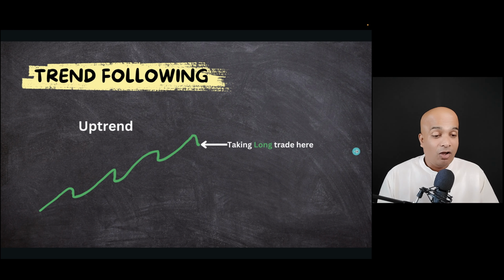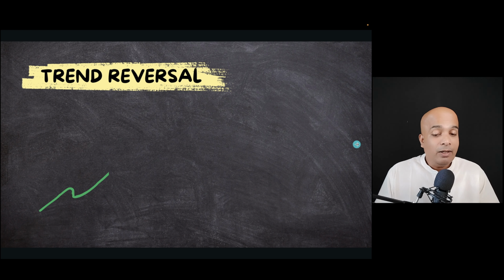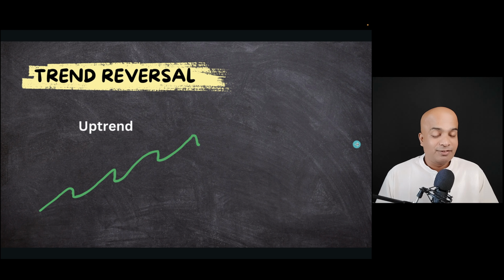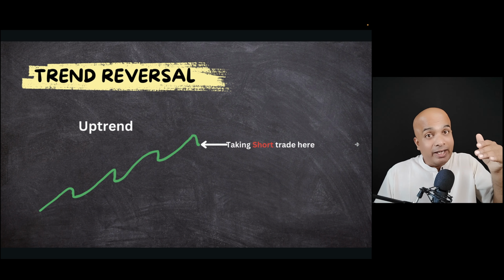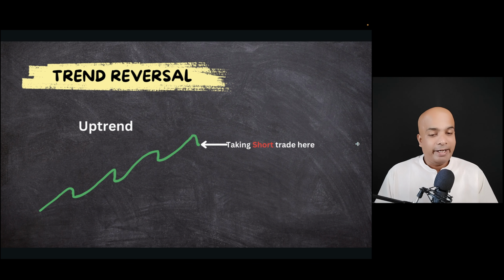Traders who employ this technique look for signs that the current trend is weakening or reaching a reversal pattern in price action. For example, let's say the price is in an uptrend. Taking a short trade here, anticipating the price will go down, can be recognized as trend reversal.